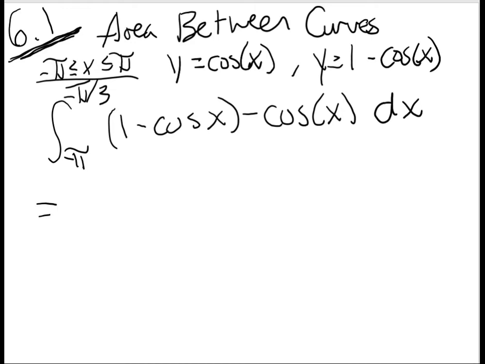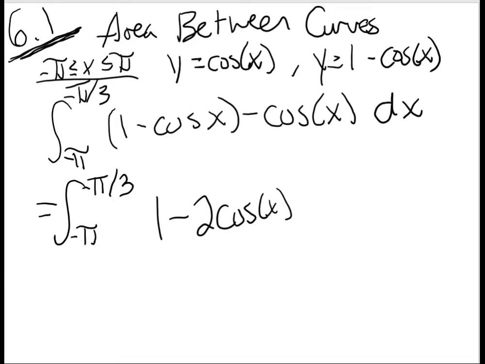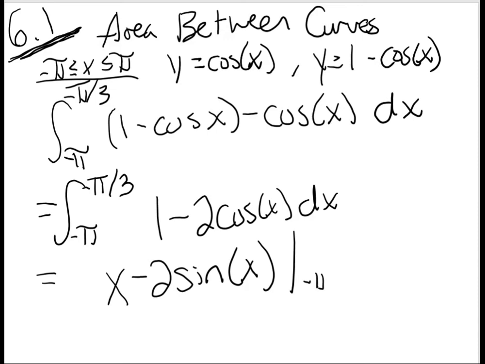The first one, you'll get the integral from negative pi to negative pi over 3 of 1 minus 2 cosine x dx, or x minus 2 sine x evaluated from negative pi to negative pi over 3.